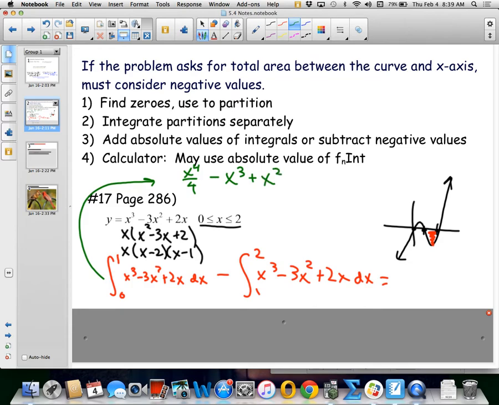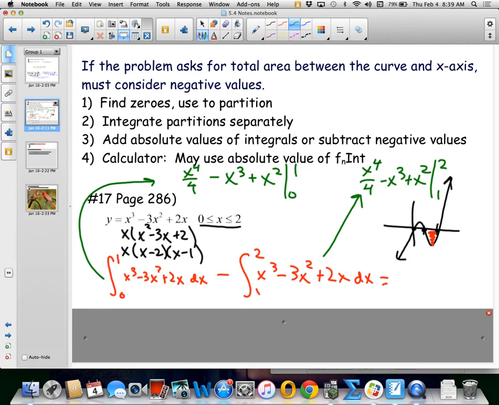That's my antiderivative. And here I'd go from 0 to 1, and then over here I'd take the same antiderivative and go from 1 to 2. Evaluate both of those and add those areas together.